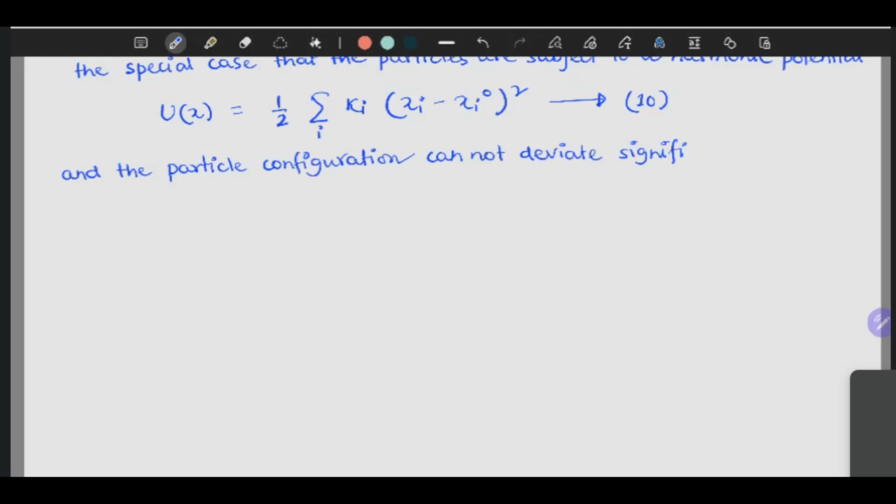In this case, equation 5 can be solved for the deviation or fluctuation from its equilibrium point.